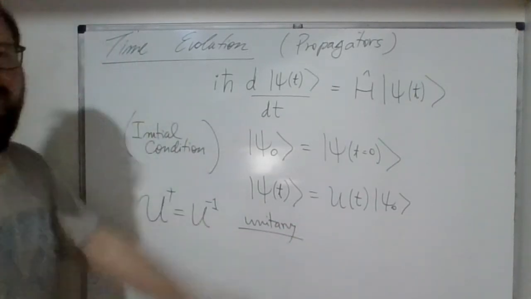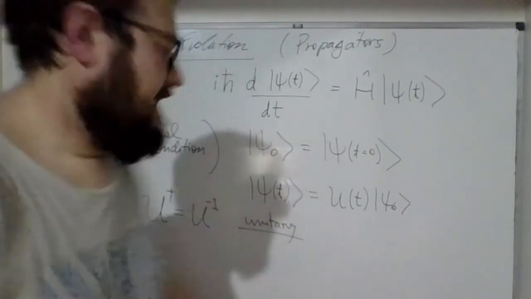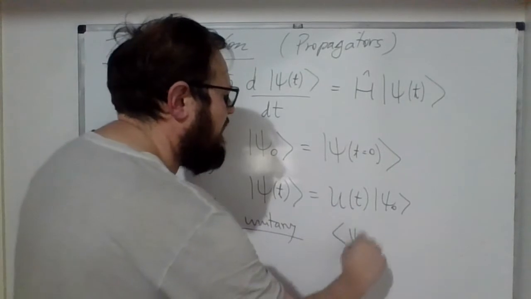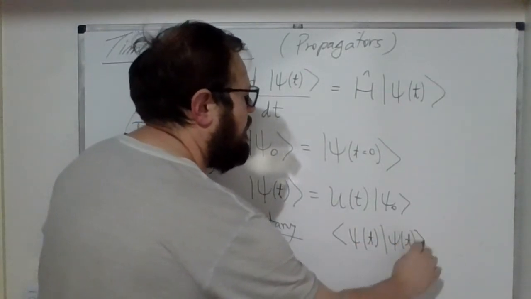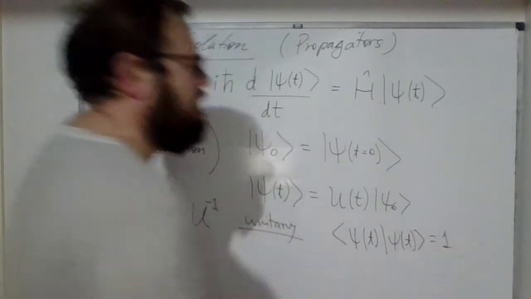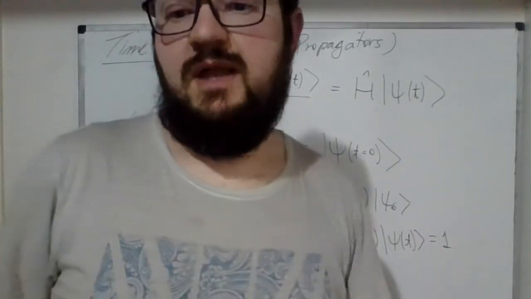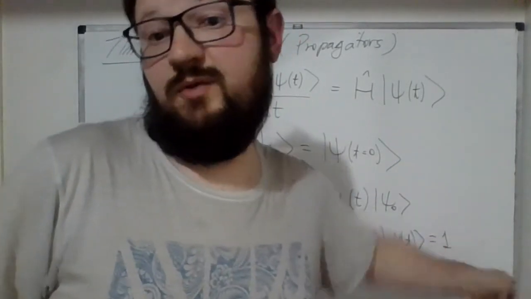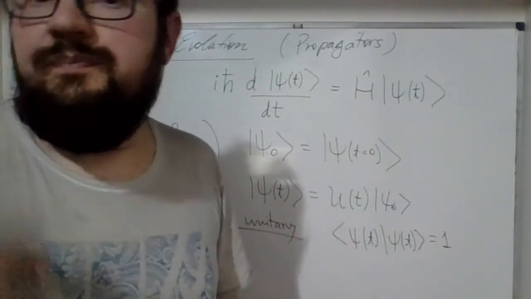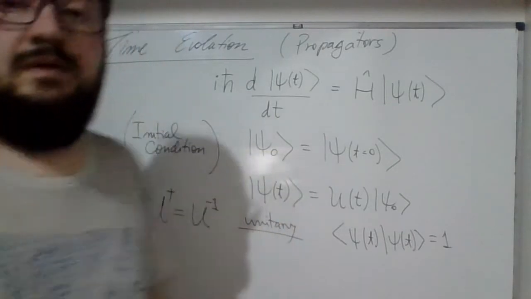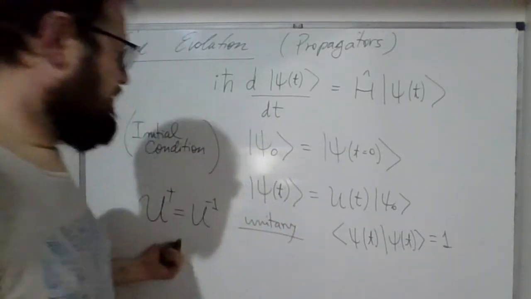This means that at any given instant of time the state is normalized to one in this problem in quantum mechanics, but it can be to any value. But your evolution operator must be unitary.